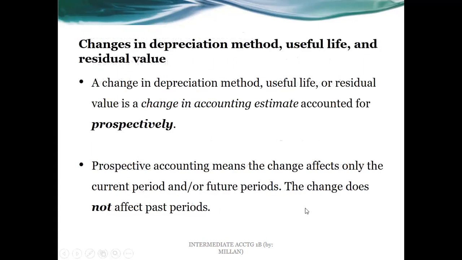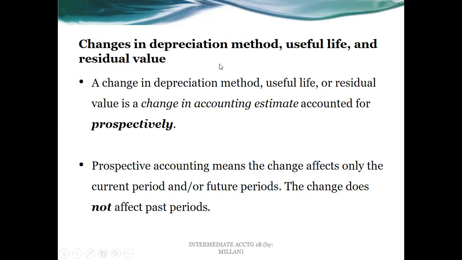Then the next part will be, what if there are changes in depreciation method, useful life, and residual value? Since depreciation is based on estimates, such as the useful life and the residual value, then whatever is the resulting figure, which is the depreciation expense, as well as the accumulated depreciation, is based on estimate.